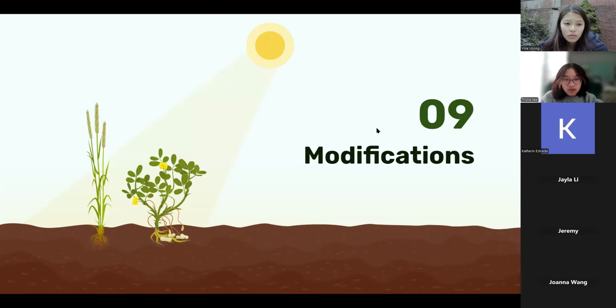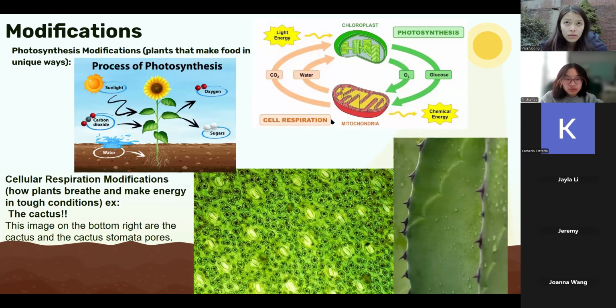And next is modifications. So we're going to talk about the modifications in some of the photosynthesis and cellular respiration. Plants don't all live in perfect conditions. Some are in deserts, some are underwater, and some are in super hot places.